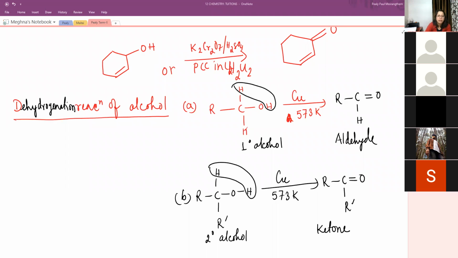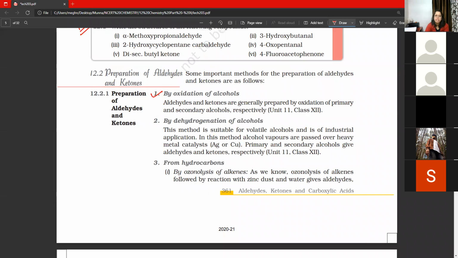So see the first one. By oxidation of alcohol done, by dehydrogenation of alcohol done. Now from hydrocarbons, this reaction basically you all have completed in class 11. So I'll show you the reactions again. All of you check whether you could remember or not.